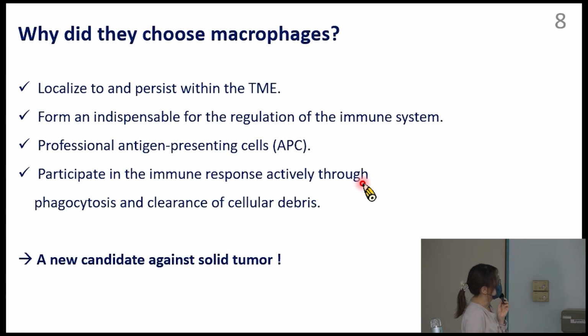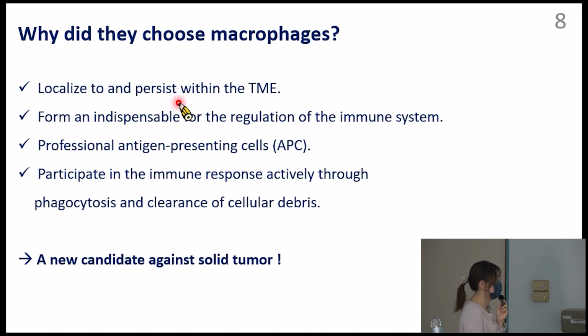Okay, so this is why they chose macrophage, because there are some features in macrophage, like it can localize and persist within the tumor microenvironment. And it's very important. The second reason is macrophage is important to regulation of the immune system. It's not only killing bacteria, but macrophage also can modulate the immune system for other immune cells.